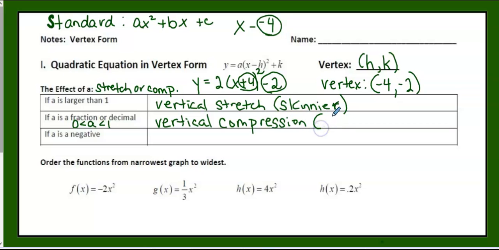And basically, I think of that as being fatter or wider. I know fatter is a mean word, but it looks fatter to me. And then if a is negative, that is a reflection over the x-axis.